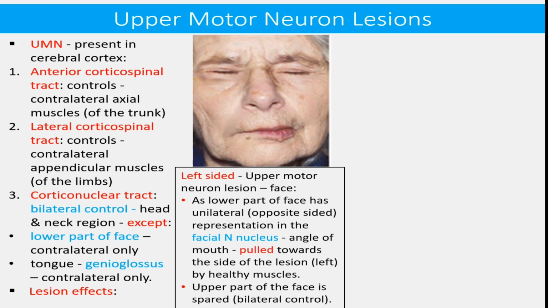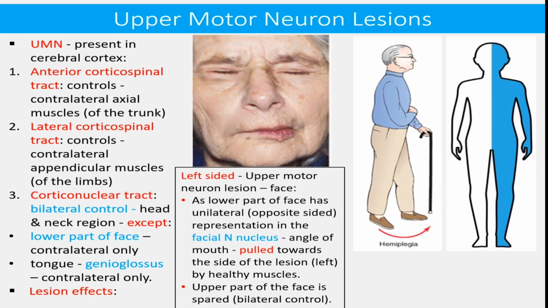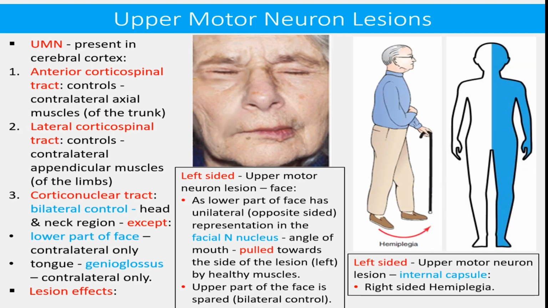The upper part of the face is spared as there is bilateral control. Number two, a left-sided upper motor neuron lesion in the internal capsule leads to right-sided hemiplegia.